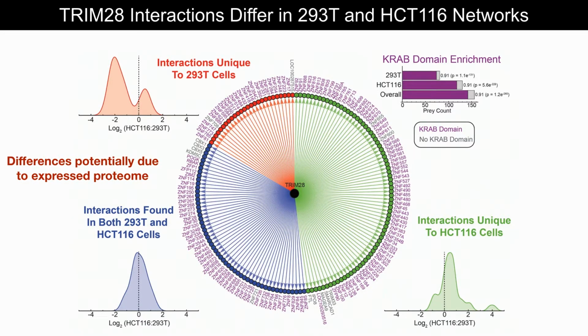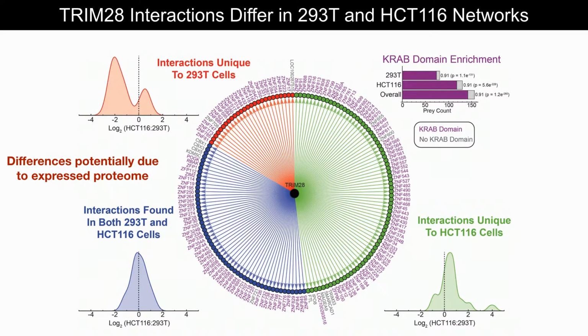And this is the last example I'm going to show you, where we are looking at a protein called TRIM28, which turns out to be a transcriptional regulator that binds to KRAB domain proteins. And so what we found is that there's a large number of KRAB domain proteins that bind in 293 cells. There's also a large number that bind in HCT116 cells, but we didn't detect those in 293 cells, and then a set that are found in both.